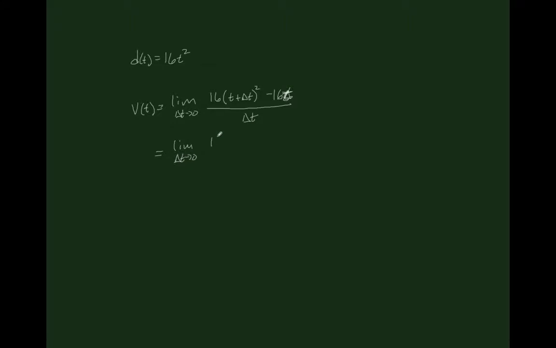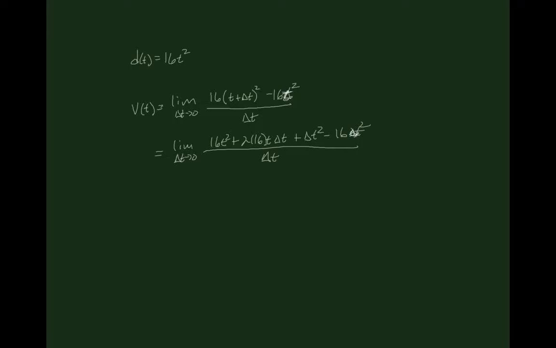That's going to be 16t squared plus 2 times 16 t delta t plus delta t squared minus 16t squared, divided by delta t.